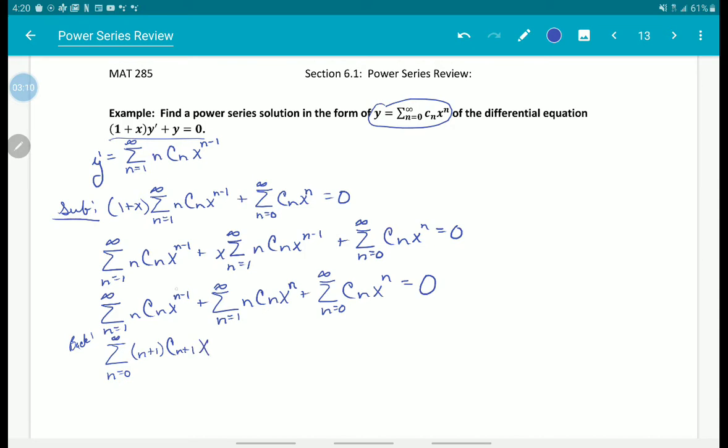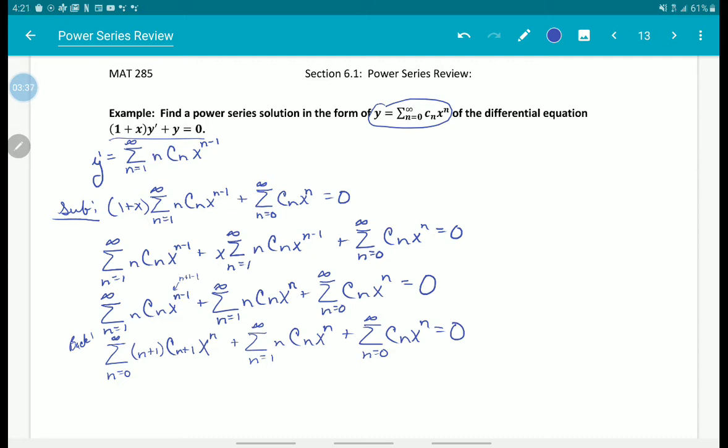And then x to the n plus 1 minus 1 would now be an x to the n. So there's where we are.